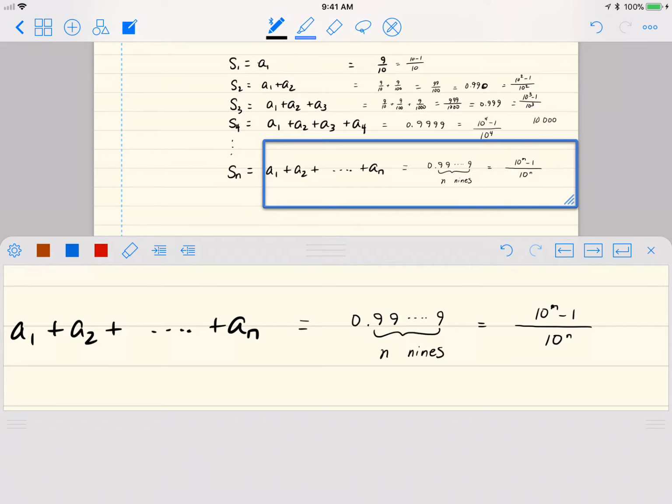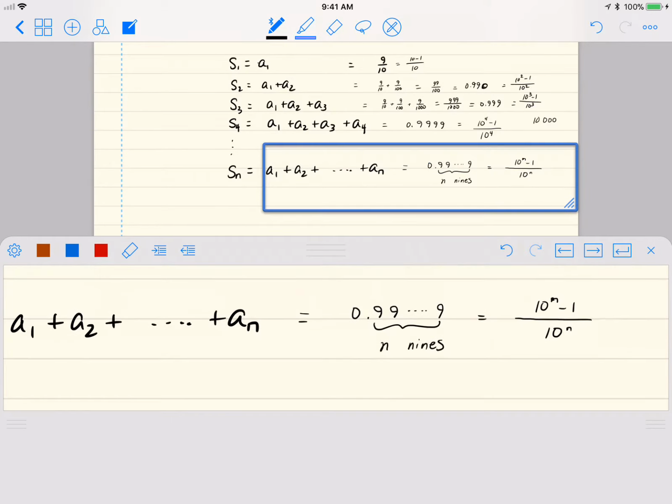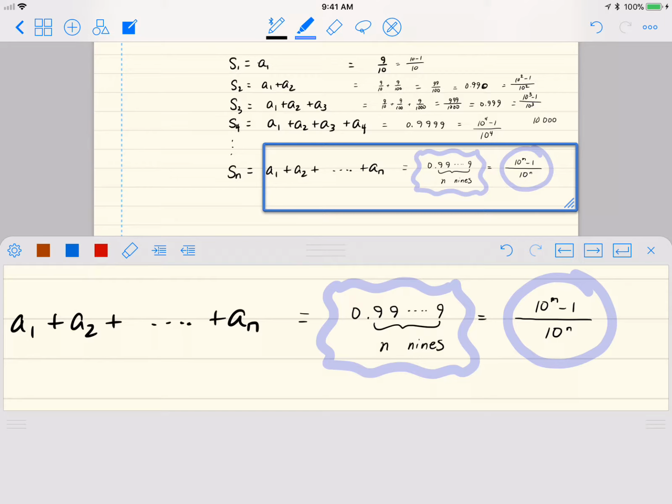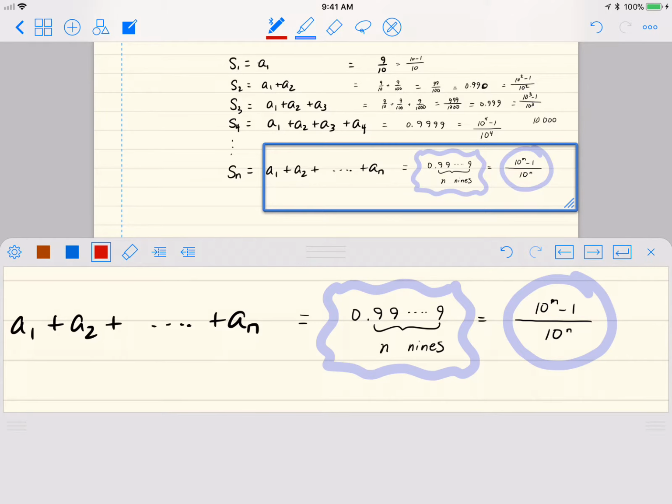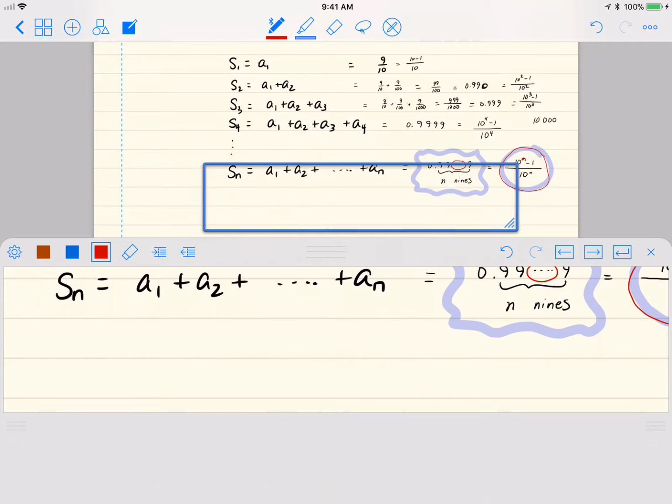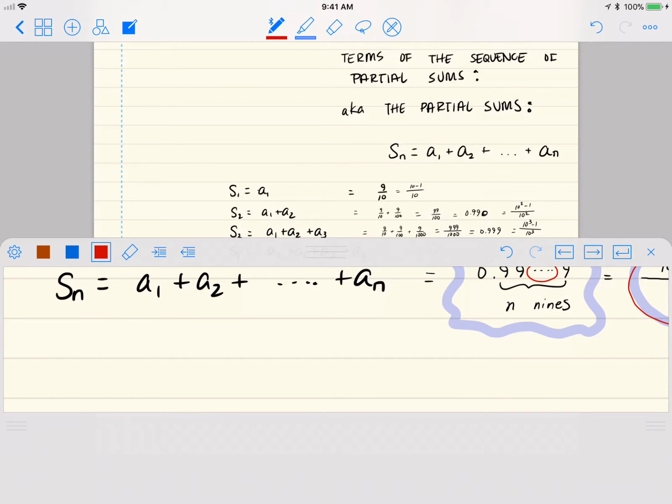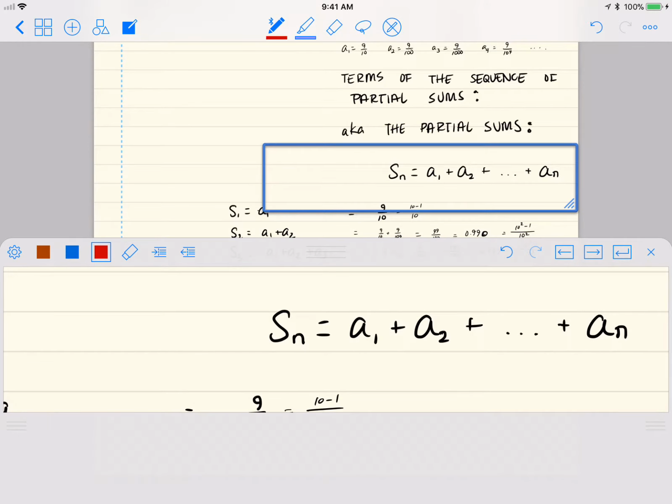Now, I know how to take the limit as n approaches infinity of this, right? I don't have any limit laws to work with on the left-hand side because writing dot, dot, dot is not precise. If I write 10 to the n minus 1 over 10 to the n, this is very precise, right?